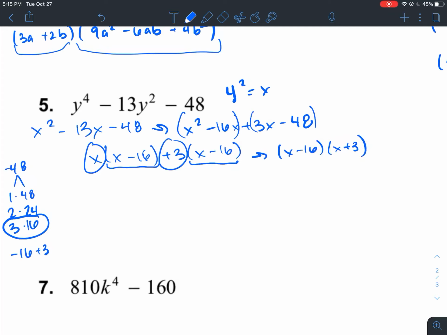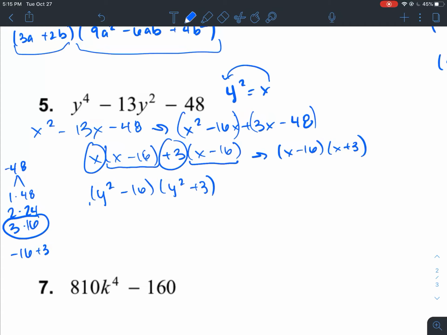Now remember that we made a substitution that x is equal to y cubed. So let's substitute that back. So now I have y squared minus 16 times y squared plus 3. So I just substituted back into what we originally had.